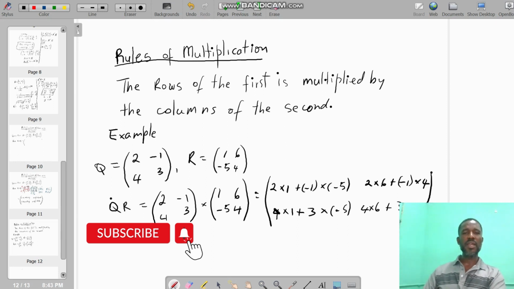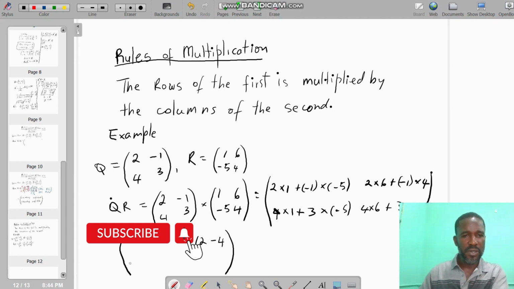Okay, so let's simplify. 2 times 1 will give you 2. -1 times -5 will give you a +5. Then we have 2 times 6 will give us 12, and -1 times 4 will give us -4. Then 4 times 1 will give us 4, and 3 times -5 will give us -15.